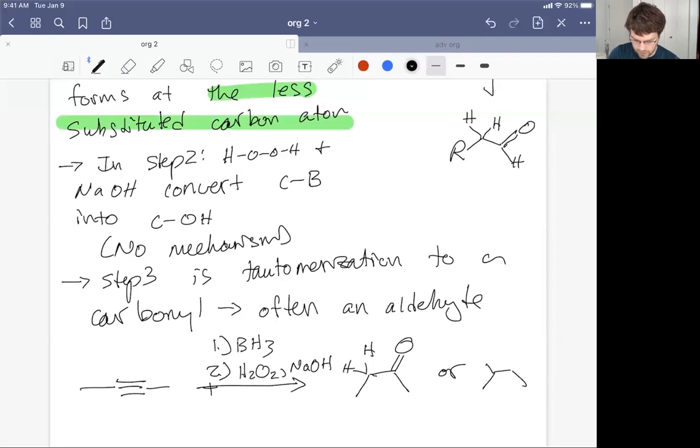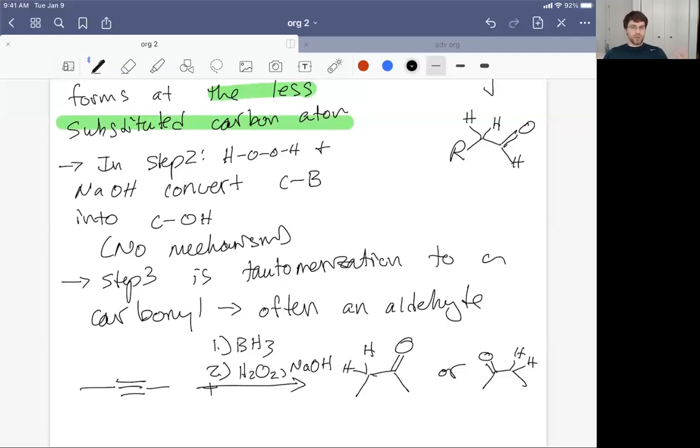And I could have the carbonyl on either side. It doesn't matter, we get the exact same outcome. Just because there is substitution on either side does not mean the boron won't react. It's just more likely to prefer reaction at the less substituted position when it has a chance to.